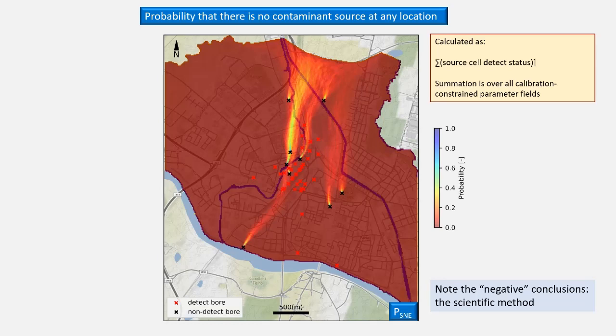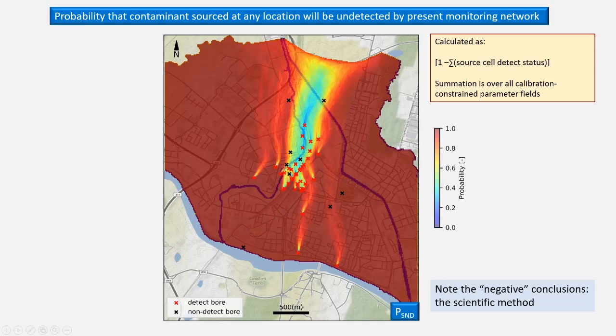They're probability maps, so they make it explicit that there's a lot I don't know, but they make it also explicit where I can know stuff and what I can know. In this case, the probability that that contaminant will go undetected, PSND.